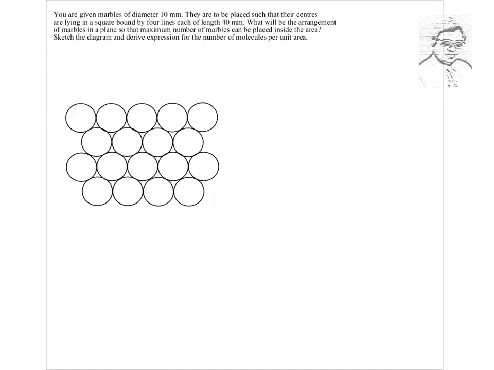Anyway, let me draw one more line, then we will see whether it will fit into the square or not. More than that is not possible because of 40. So how should the square be?